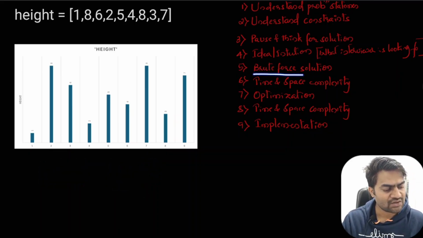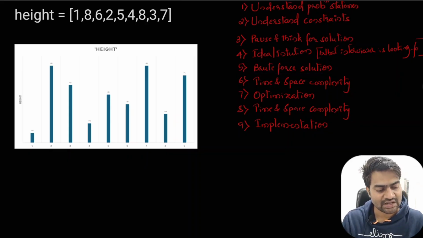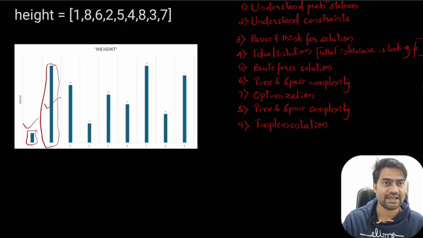For now, let us try to understand the brute force solution for this problem. As I was saying, if I want to find the maximum water between this line and this line, then what is required?